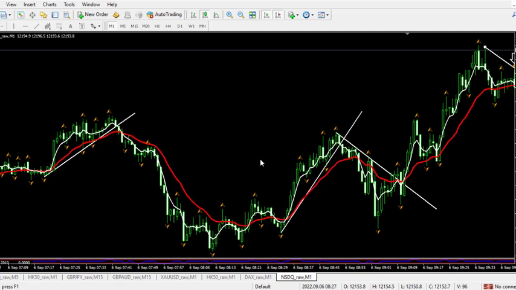And there's another way of using it also, that you can use it to decide which direction the market is going to break out to. So what you do is when you have a sideways market, it is not going in any direction, you can draw your parallel trend line also.